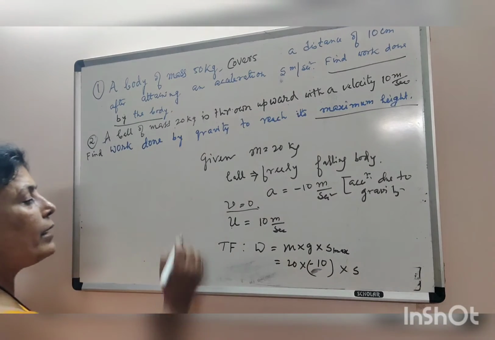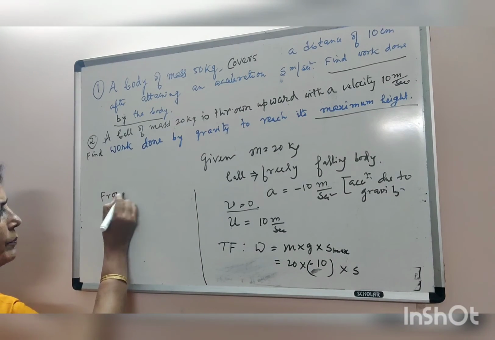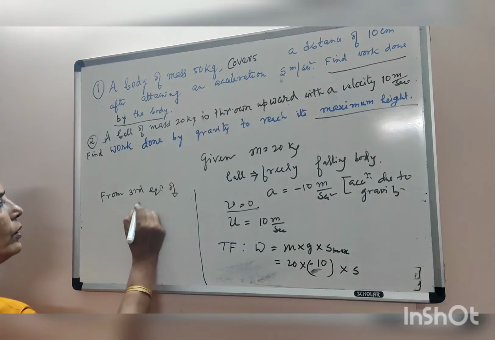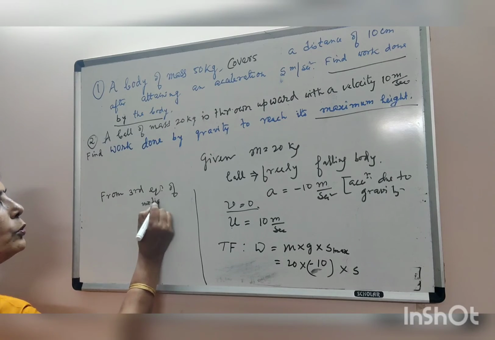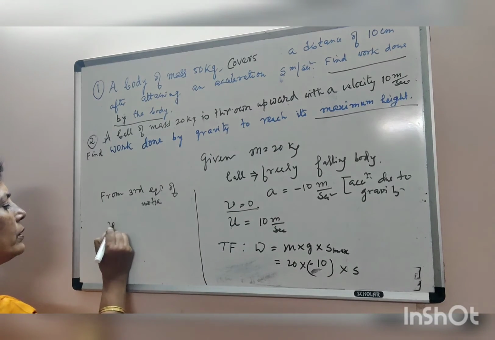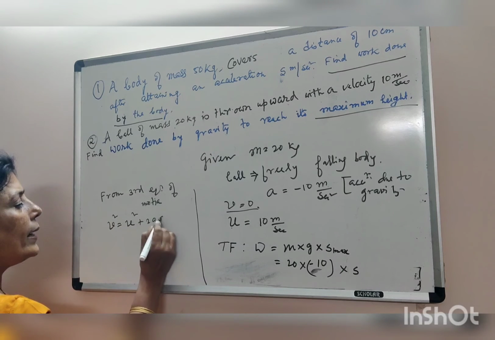So we are going to find out s from the third equation of motion. Why? Because we know u, we know v, and we know a. From the third equation of motion, v square is equal to u square plus 2as.